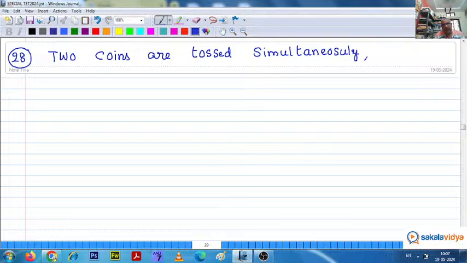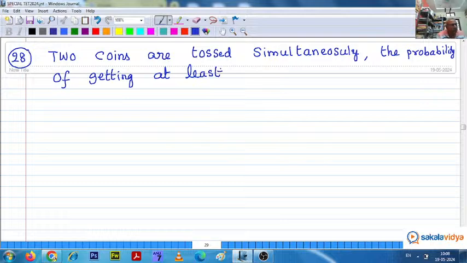The probability of getting at least one tail is.